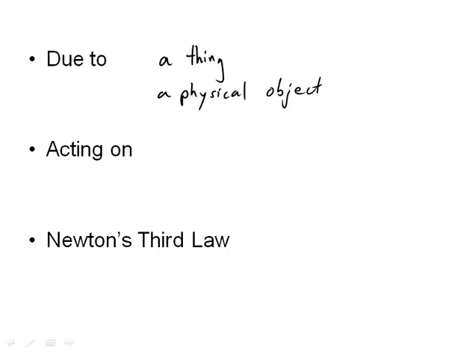All of these things are physical objects. So if it isn't a physical object, if it's a concept, it's not exerting a force. It has to be a physical object. So as you look at what's touching it, in this case the book is only being touched by the table, only an object touching the book can exert a force on it, except for the Earth and gravity.